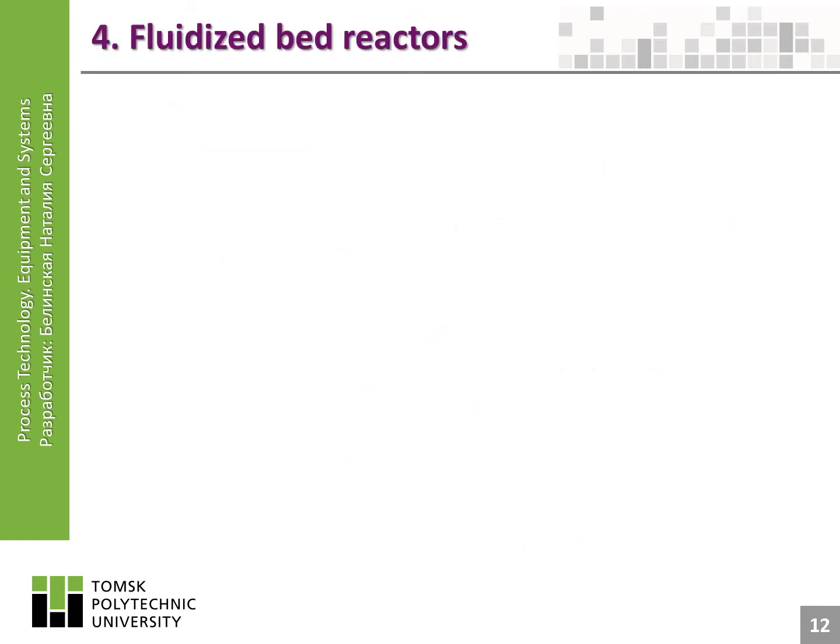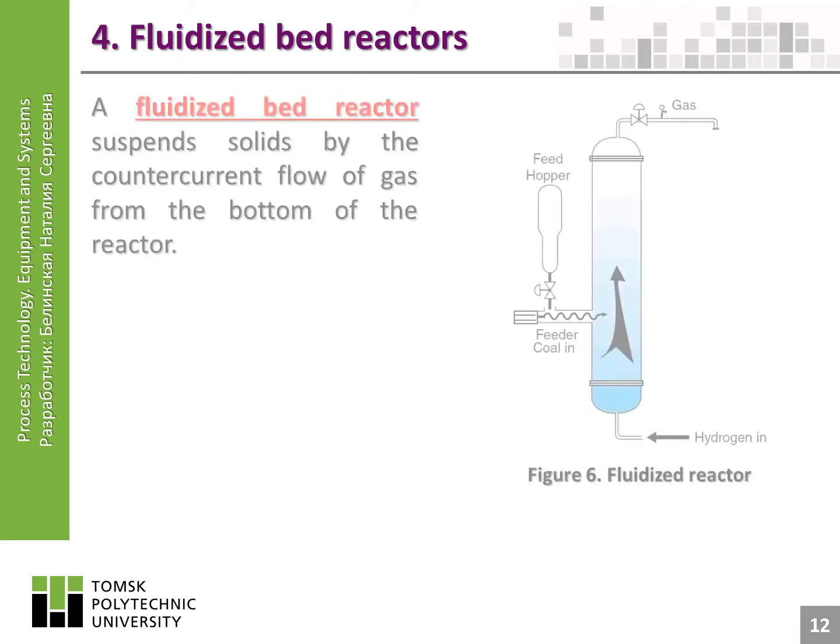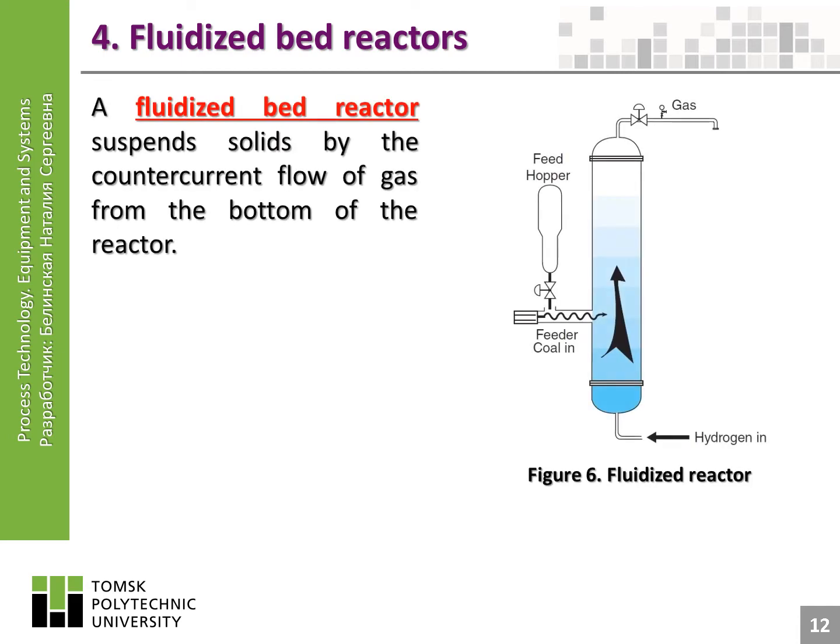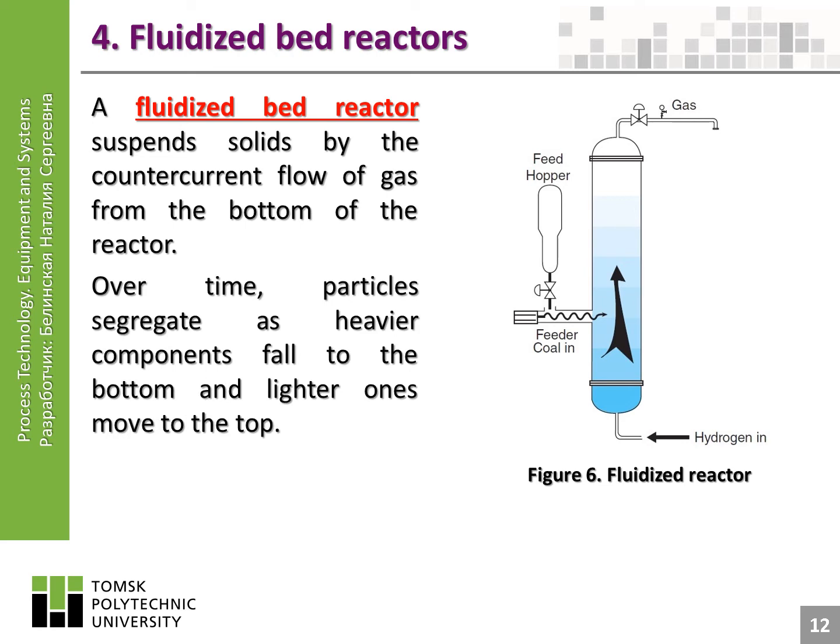Fluidized bed reactors. A fluidized bed reactor suspends solids by the countercurrent flow of gas from the bottom of the reactor. Over time, particles segregate as heavier components fall to the bottom and lighter ones move to the top.